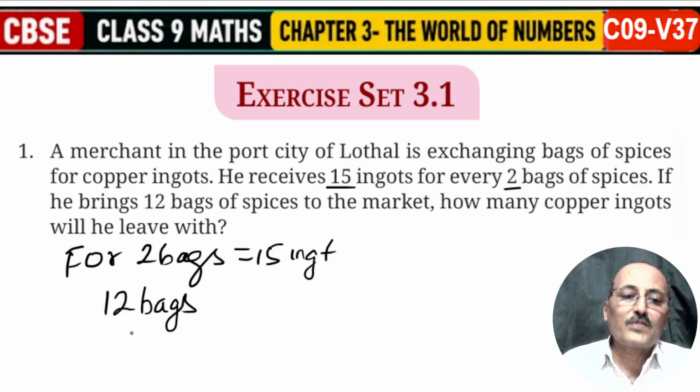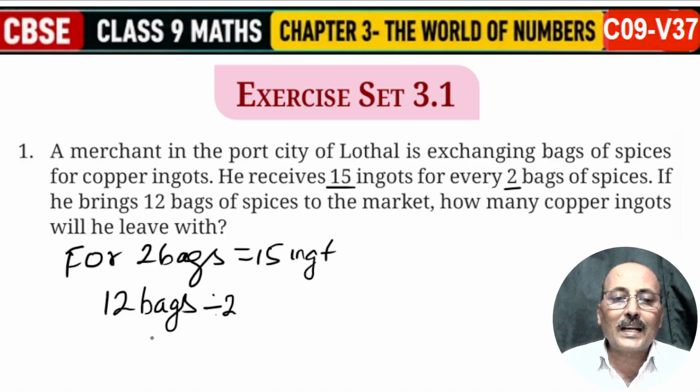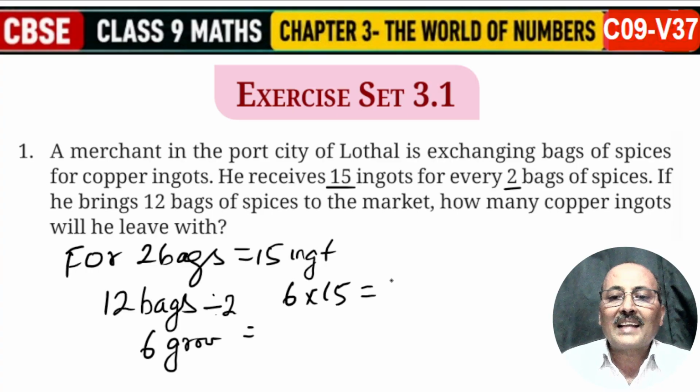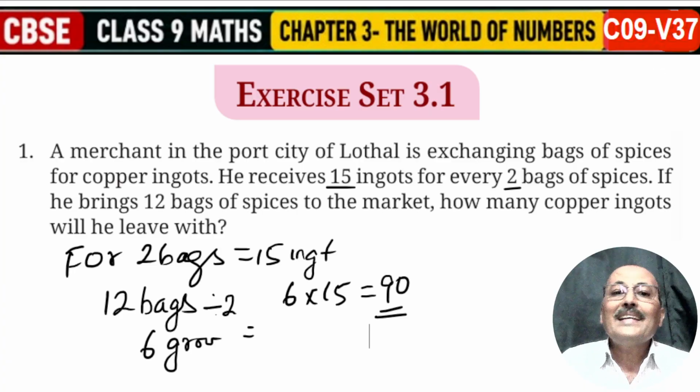For each group of 2 bags, you will get 15 ingots, so 12 bags make only 6 groups. That is 6 into 15, that is 90 ingots you will be getting. So for 2 bags, 15 ingots means for 12 bags you will be getting 90 ingots. This is a very simple question, like second and third standard.